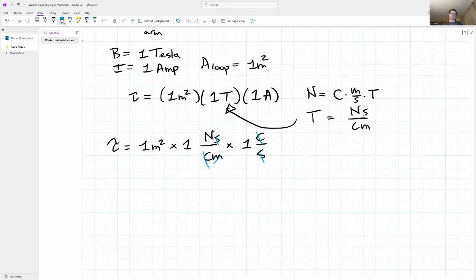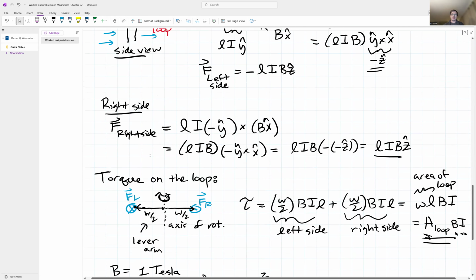A meter cancels one of these meters, and you see that the torque for this example is 1 Newton meter, which is the correct unit. That's the same unit as a joule. Okay, so that checks out, and that's the torque that we get on the wire.